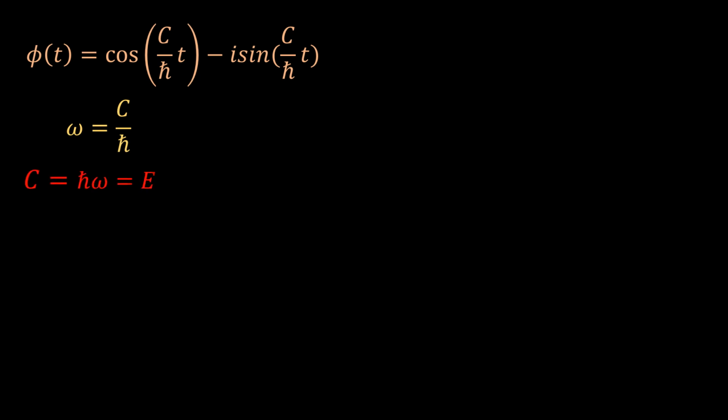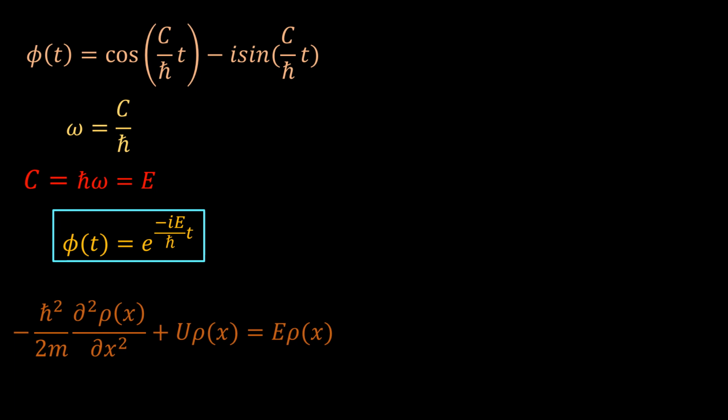Therefore, c is equal to h bar omega. This is the expression for energy. So we have phi of t equal to e to the minus i E t over h bar. We now know that the common constant is equal to the energy of the particle E. So the time-independent Schrodinger equation becomes this.